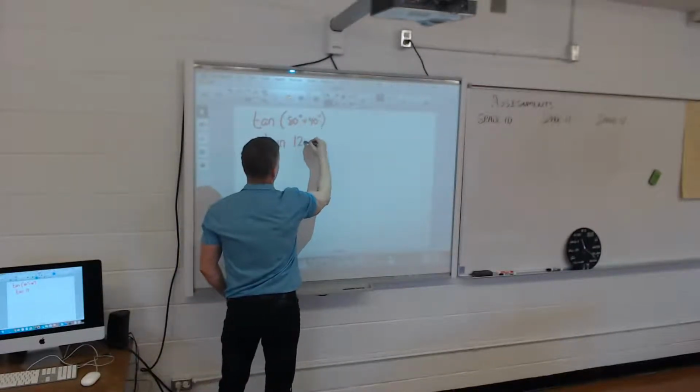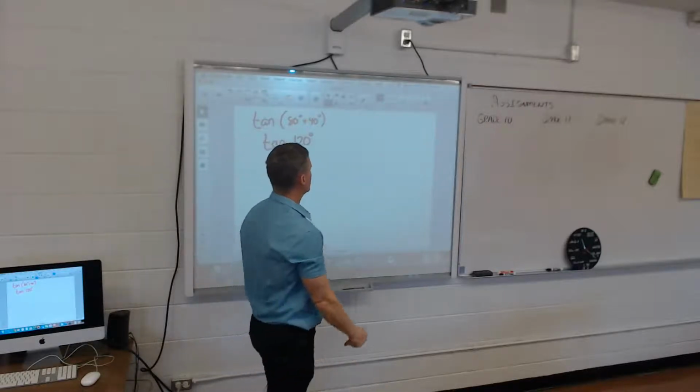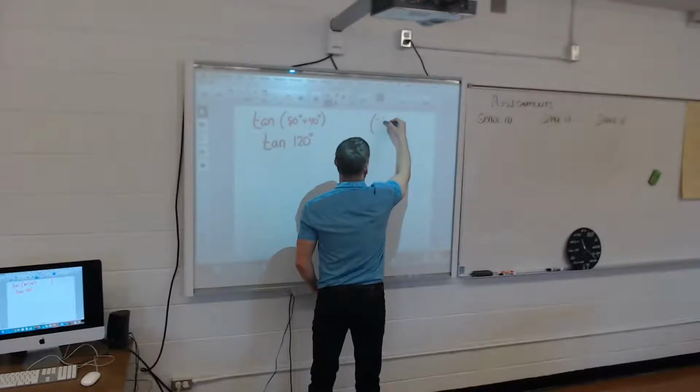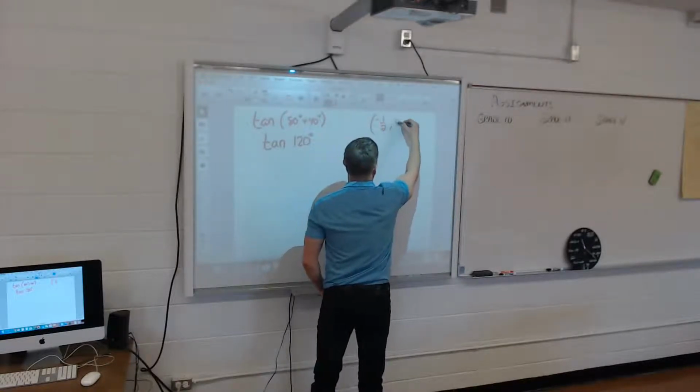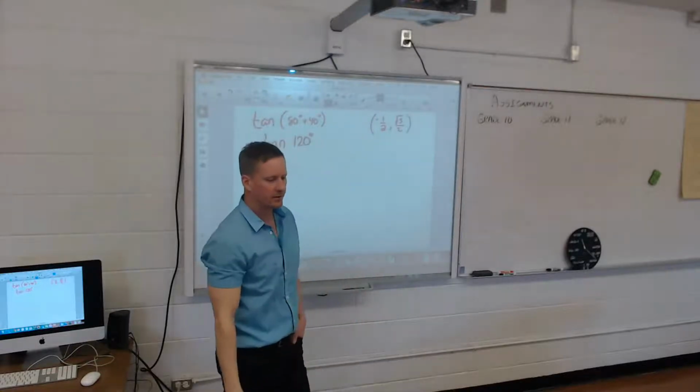That's the same as the tan of 120 degrees. So let's look at my coordinates for 120 degrees. My coordinates are minus a half and root 3 over 2.